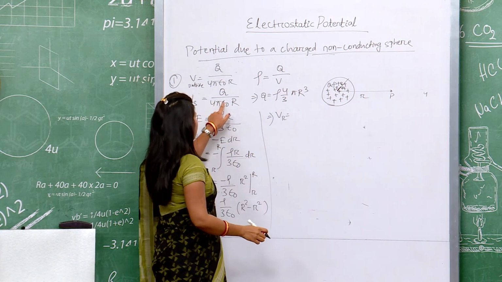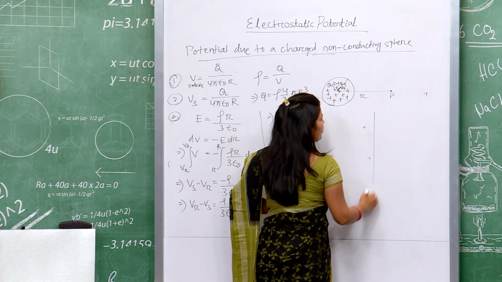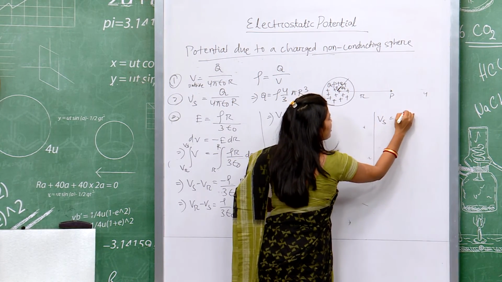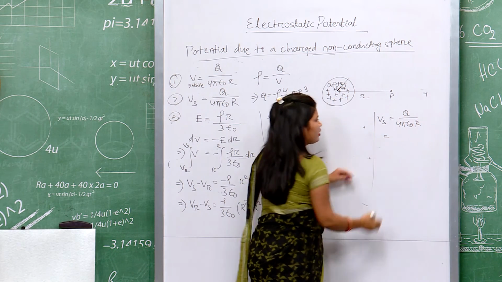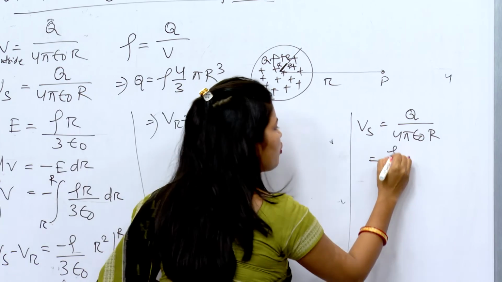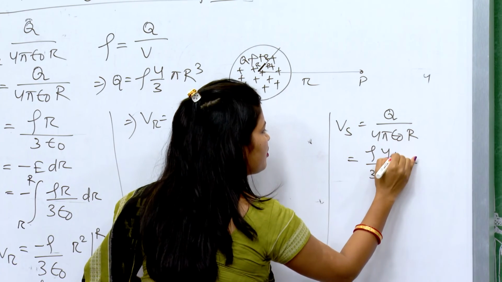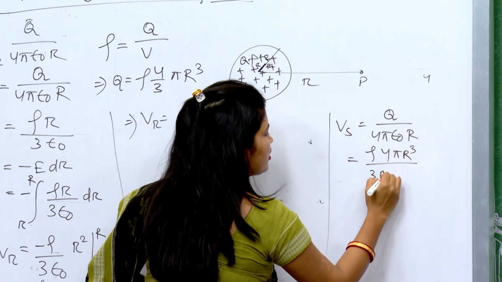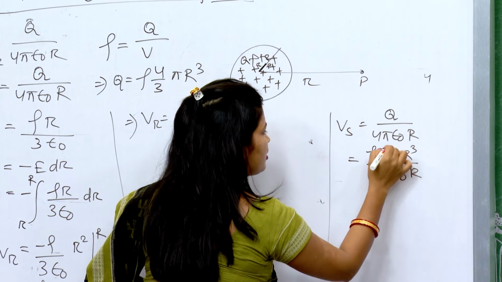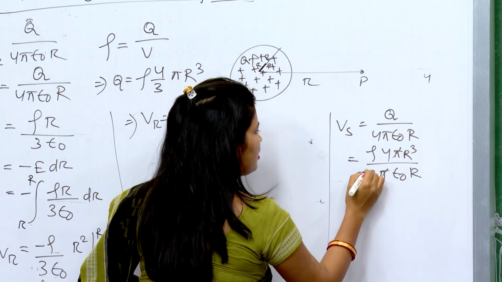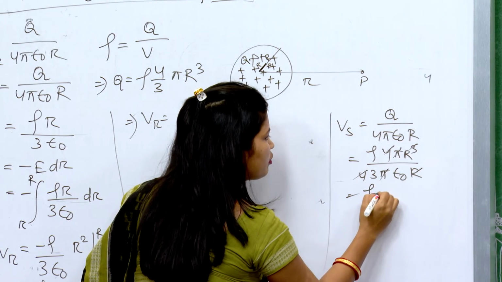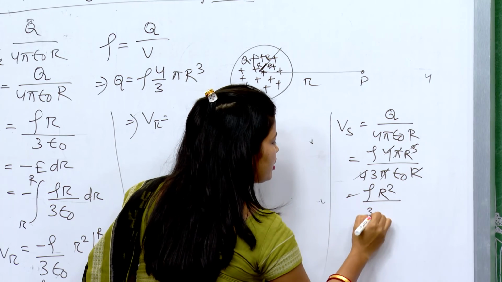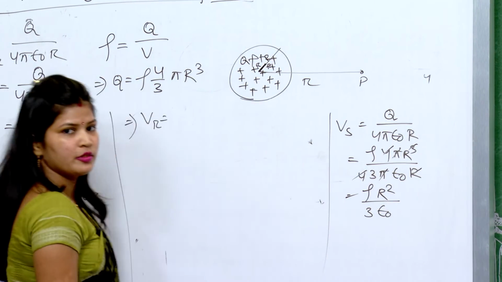Vs is Q upon 4 pi epsilon naught capital R. Putting the value of Q, that is rho times 4 by 3 pi R cubed, pi cancels, 4 cancels, one R cancels. So, we get rho R square upon 3 epsilon naught.